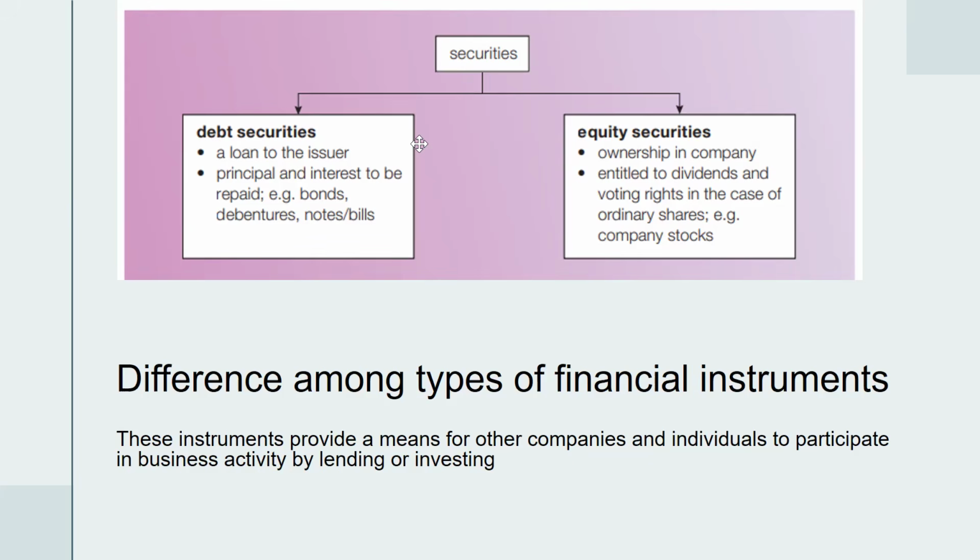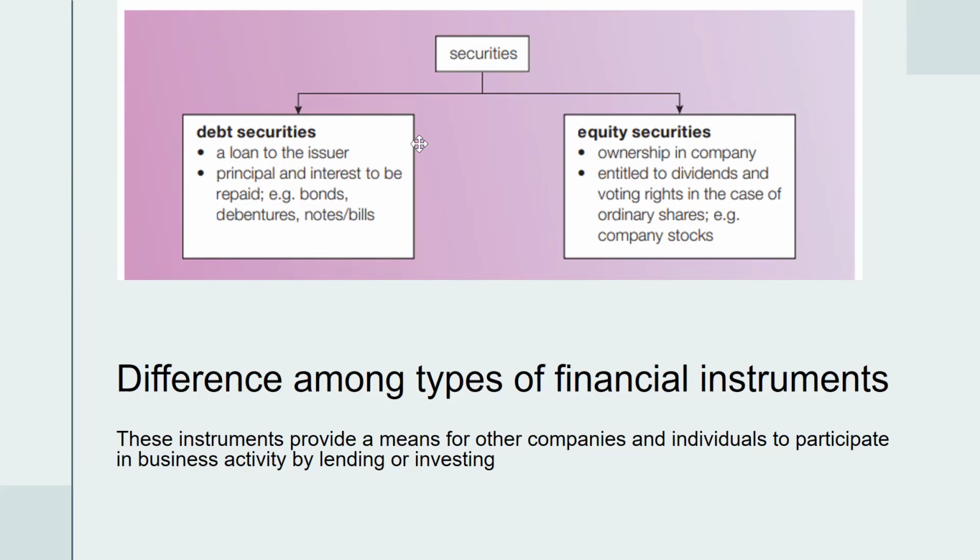So again, debt security is you lending money that must be paid back to you with interest. Equity security is you purchasing ownership or part ownership in a company, and you hope that it will increase in value and earn you some income.